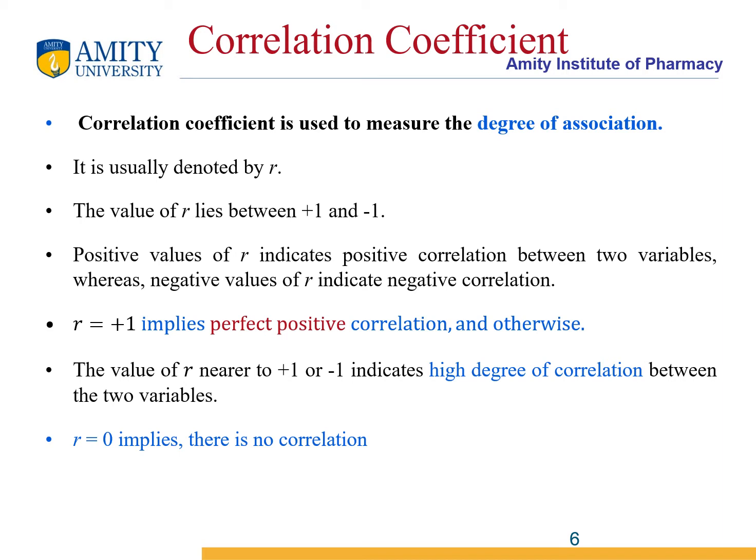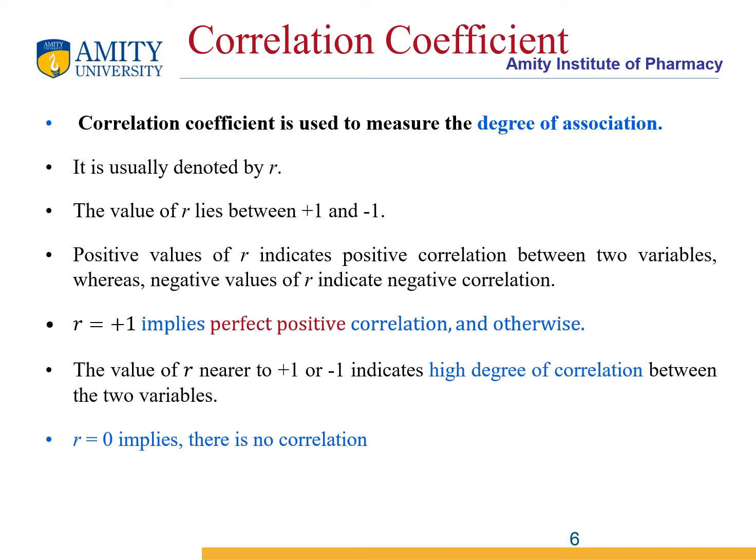Now if we talk about the correlation coefficient basics, it is basically the measure of the degree of association, and it is usually denoted by the letter R. The value of R lies between +1 and -1.